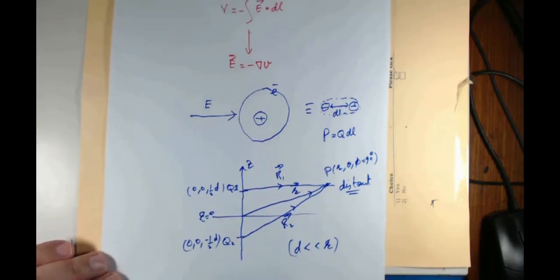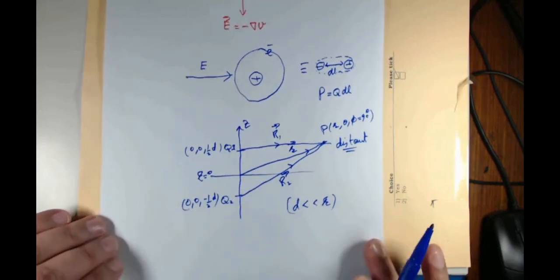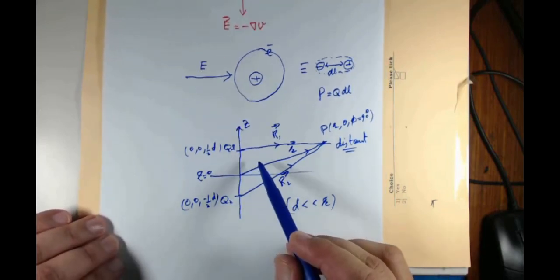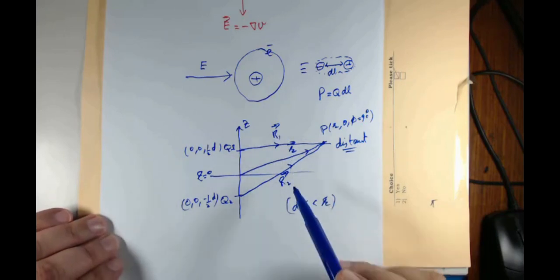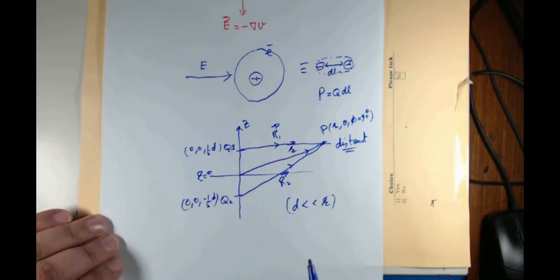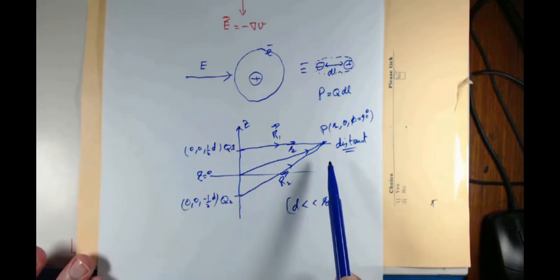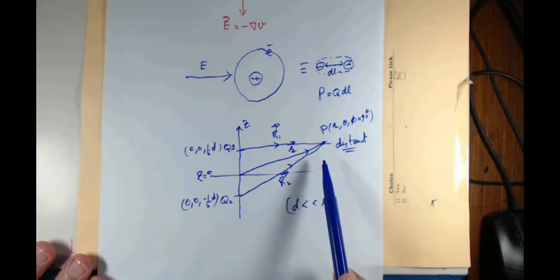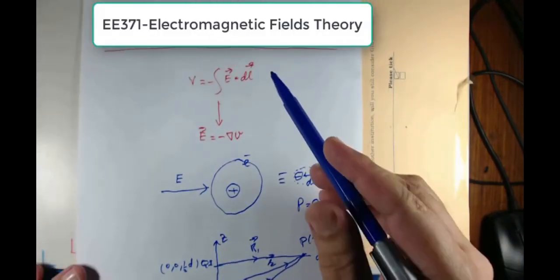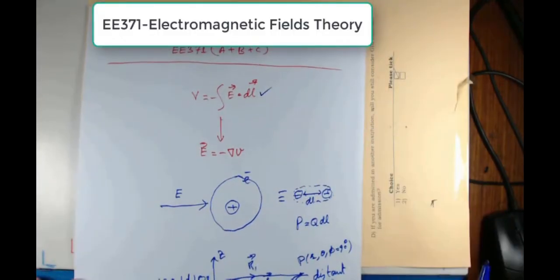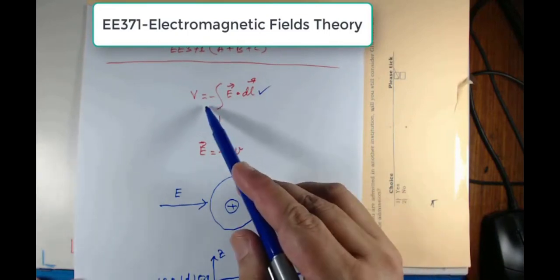So let me explain what the difference is between capital R1 and r and capital R2 and small r. We can solve this problem in two different ways. One way is to calculate the electric field first at P point, and then using this relation, integration, determine the potential.